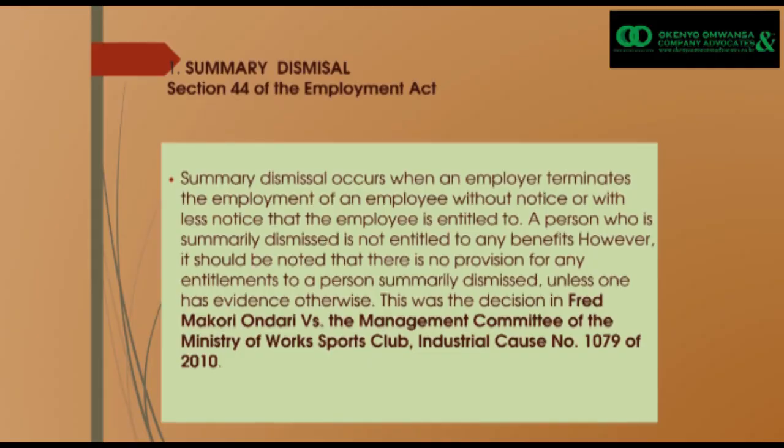Here we have the famous case of Fred Makori Odari versus the Management Committee of the Ministry of Work Sports Club. The court says that if somebody has been summarily dismissed and they feel they're entitled to any benefit, the burden of proof shifts to them.